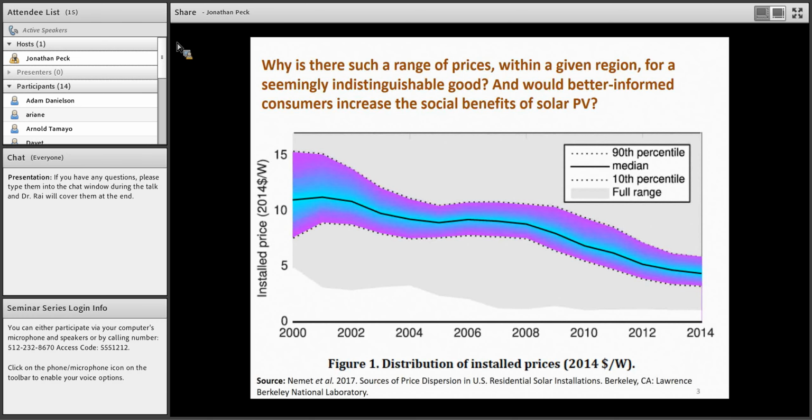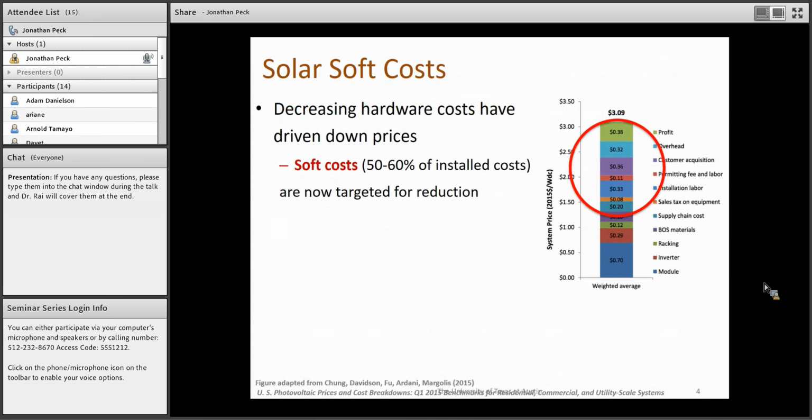So as I was saying, the first thing to keep in mind is trying to understand why there is so much variation in prices and the role of information within that. The second thing that this largely and significantly downward trend hides is the fact that much of that decline has been on the back of reducing hardware costs, which is the cost of the modules and the inverters and so on.